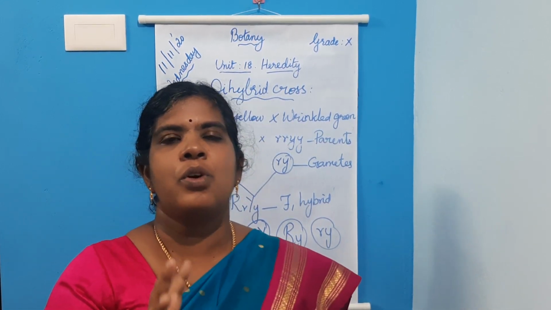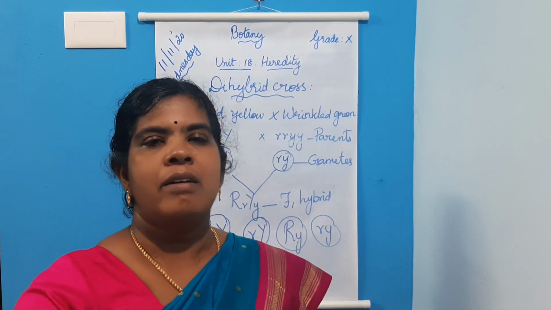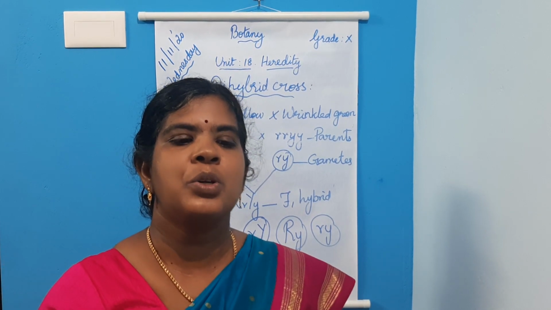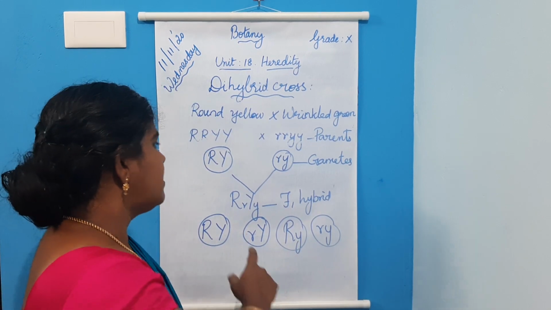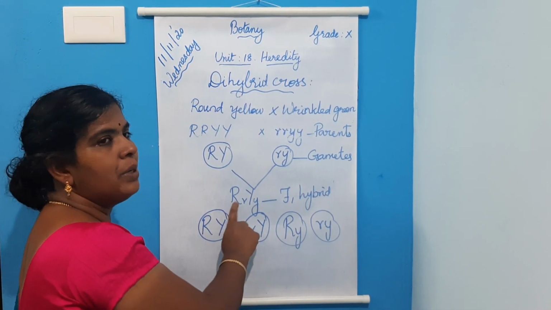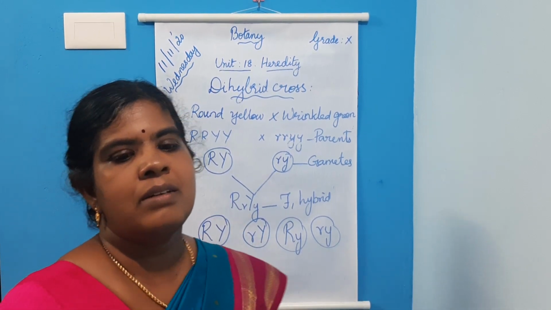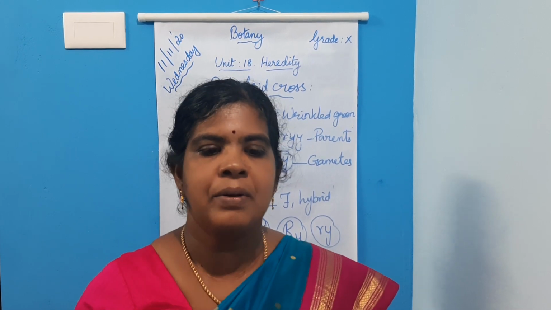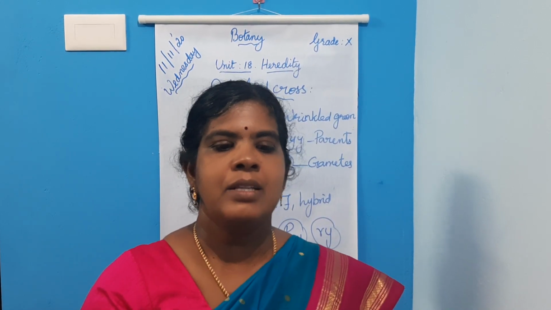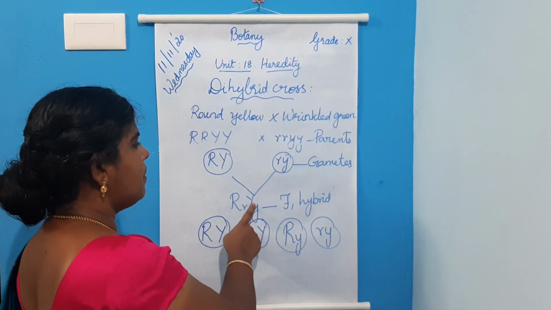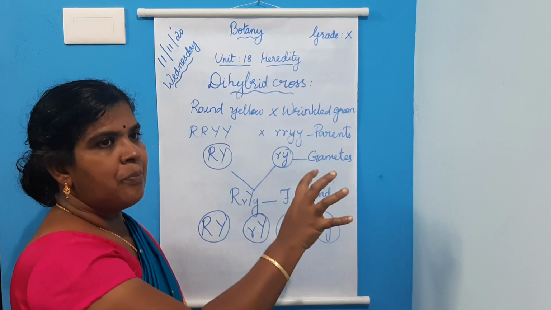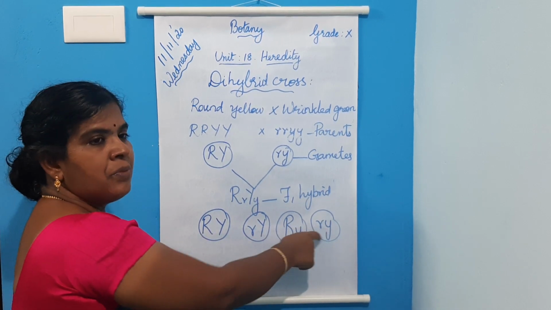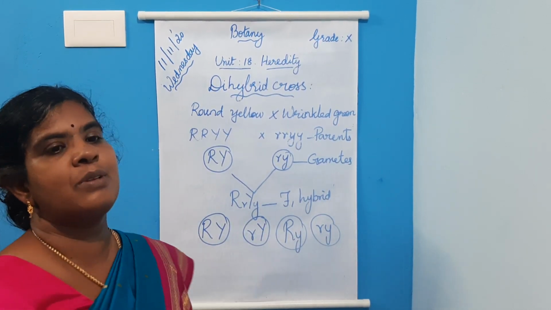Second law, law of segregation or law of purity of gametes. When a pair of contrasting characters or factors or alleles, otherwise called allelomorphs, are brought together in a heterozygote or hybrid, the two members of the allelic pair remain the same. At gamete formation, these factors will separate.